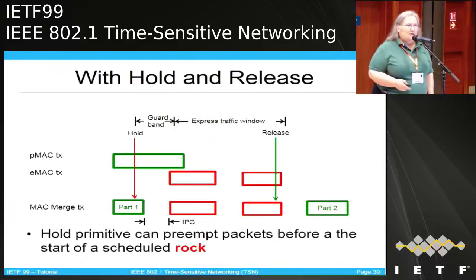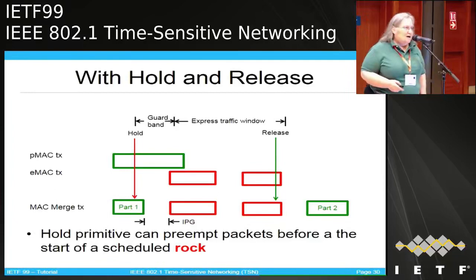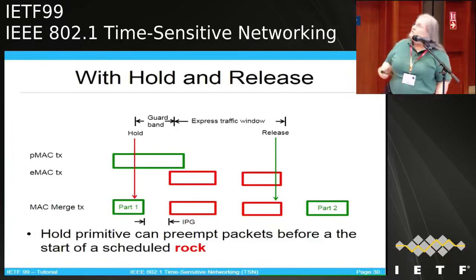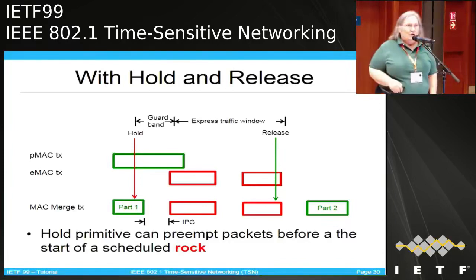for the most tight timing, where we really want to minimize the amount of jitter on the scheduled traffic, we have the hold and release. So we know the scheduled rock is coming up. Basically, we have a guard band of time before that happens where we send a primitive called hold to the MAC, and the MAC will go ahead and preempt, even though we aren't giving it the scheduled packet yet.